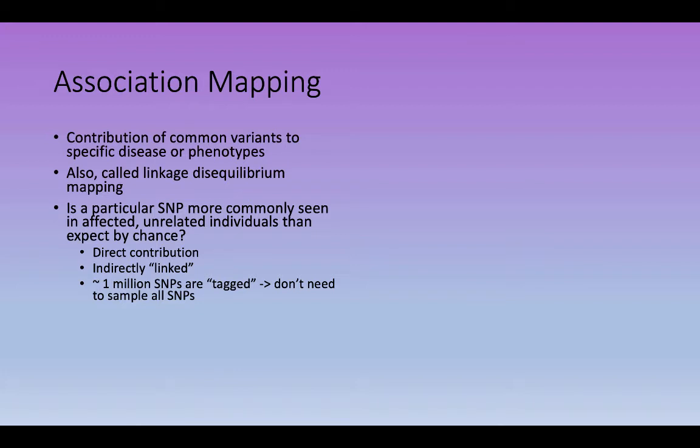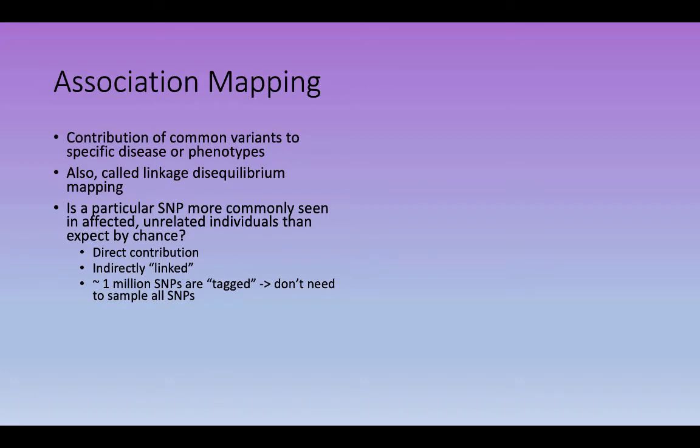Instead, we've used microarrays or other chip arrays to look for patterns of SNP variants that are tagged. And I mentioned this a little bit earlier, but it takes about a million SNPs spread across the human genome, across all the 22 autosomes and the sex chromosomes, to encompass all of the linked regions in the genome.